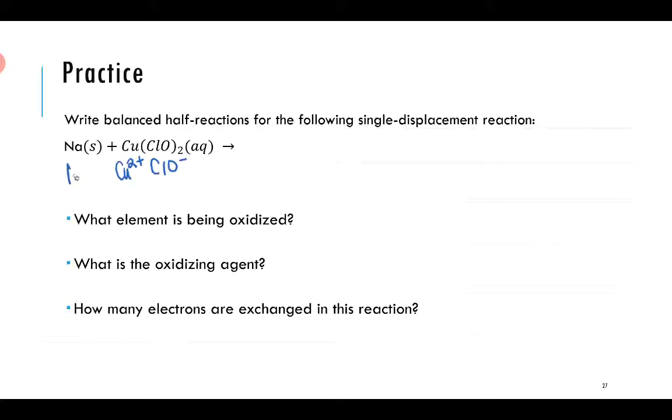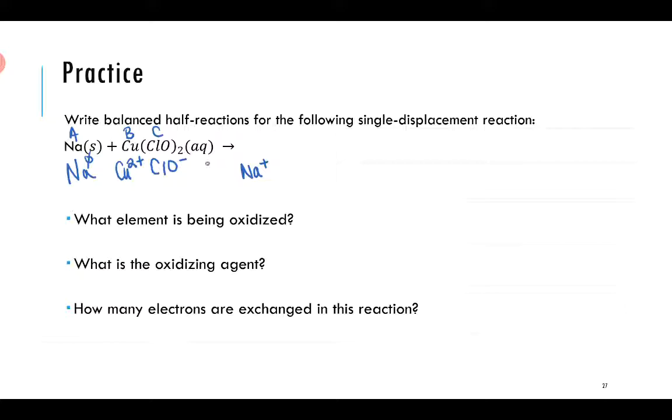And then sodium is neutral, no charge. And so in our single displacement pattern, we have A, B, and C, and then sodium is going to kick out the copper because sodium will want to be a 1 plus cation. That's its common ion charge.